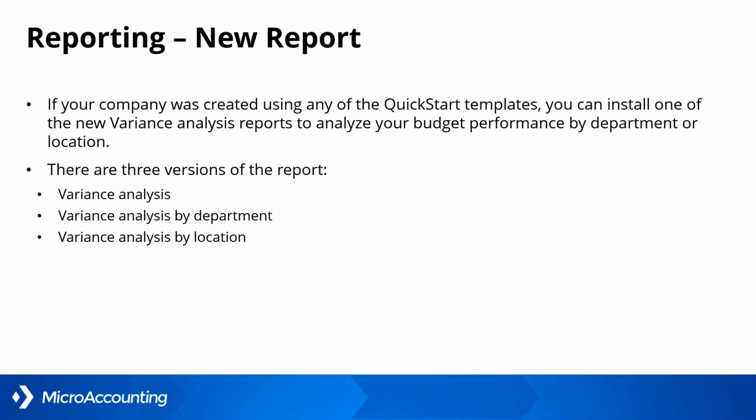With that, you can now install a couple of new variance reports to analyze your budget performance either by department or by location. There's 3 versions of the report: a variance analysis by department, or a variance analysis by location report.